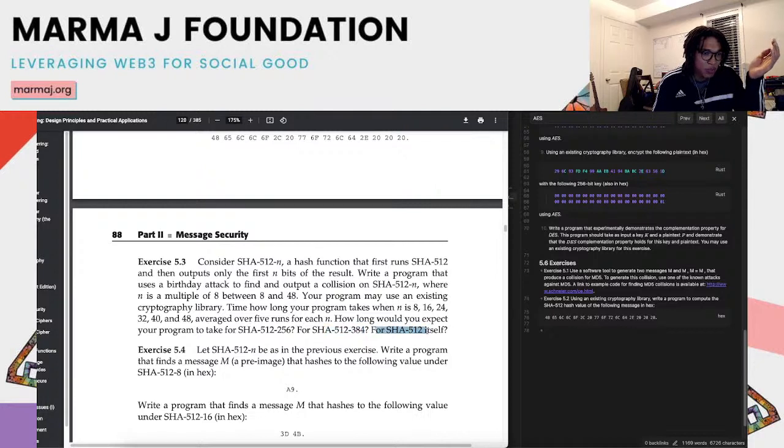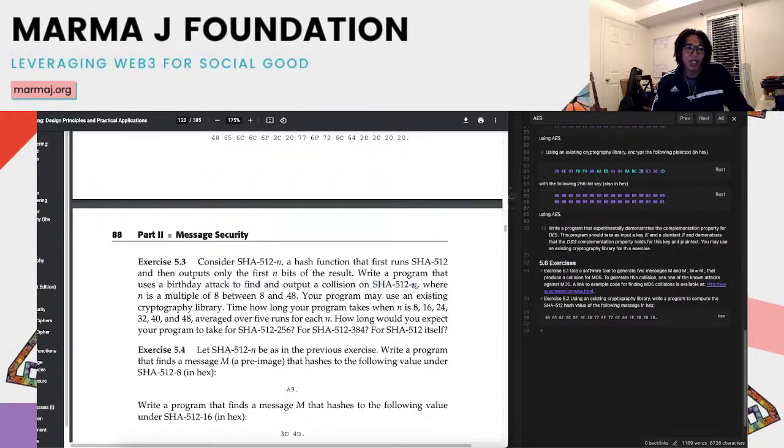And then for SHA-512 itself, isn't the whole point that you'd have more collisions? Let me just read the question again. Consider SHA-512 minus n, where you're truncating off some n. A hash function that first runs SHA-512 and then outputs only the first n bits of the result. Write a program that runs a birthday attack to find a collision on SHA-512-n.